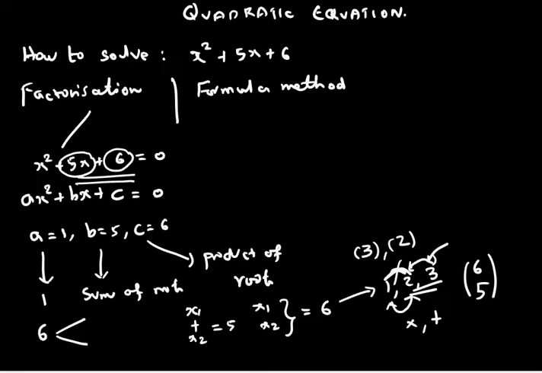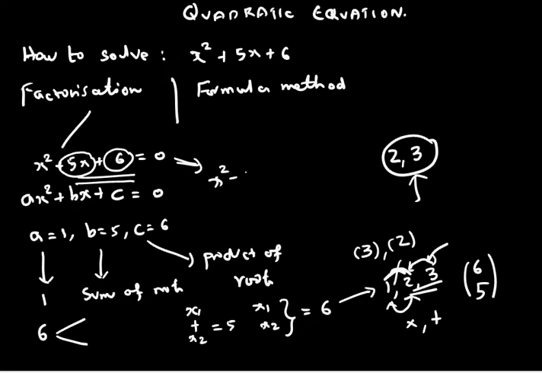Now we have found the two factors, 2 and 3. To find the zeros or roots of this equation, these numbers tell us how we can split the middle term.